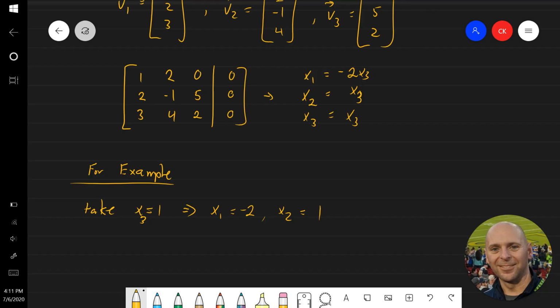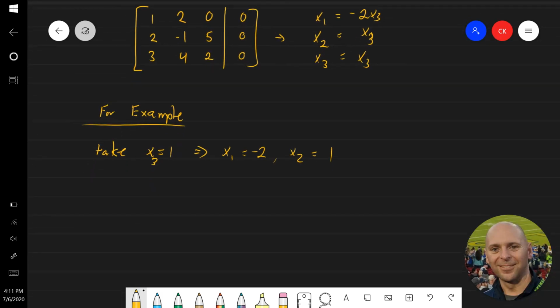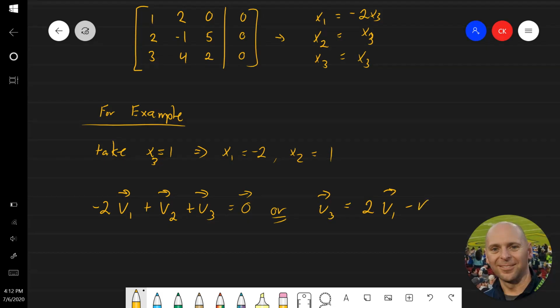And using that as a linear combination with the homogeneous solution, we would have that -2 times v1 plus v2 plus v3 equals the 0 vector. Or if we just rearrange this a little bit, we could solve it maybe for v3 and say that then v3 is going to be equal to 2 times vector 1 minus vector 2.